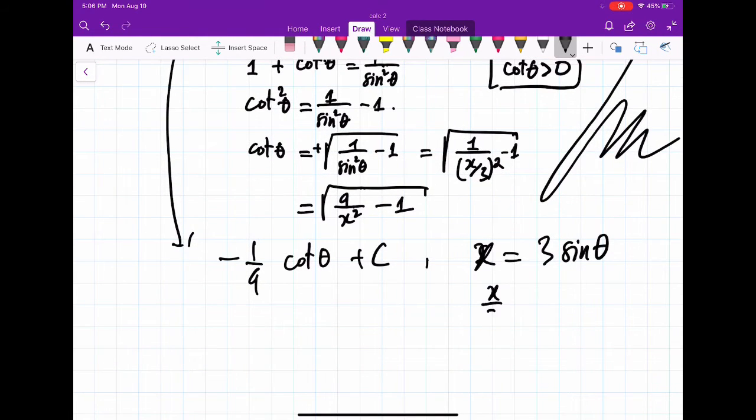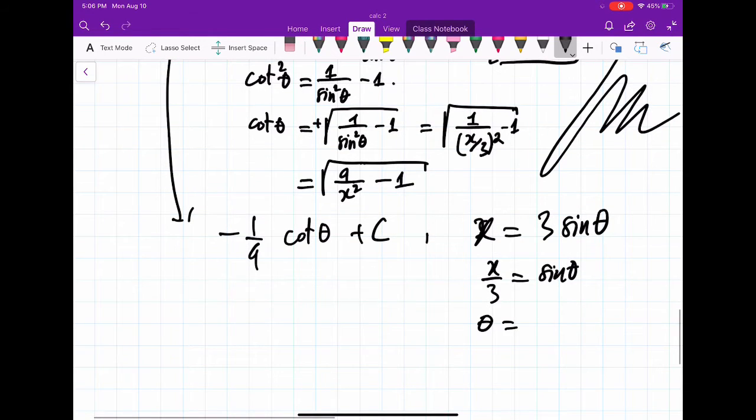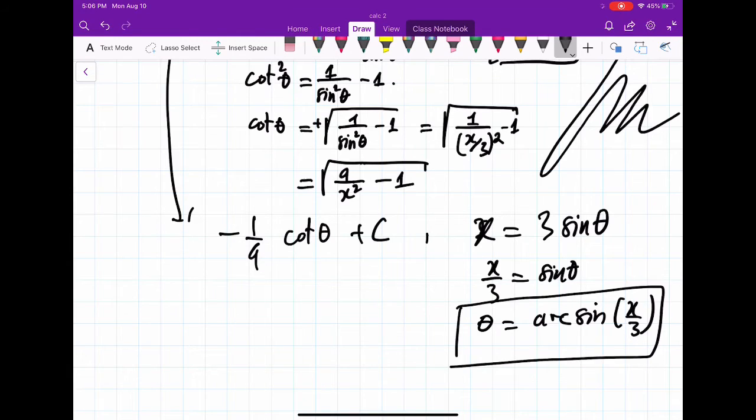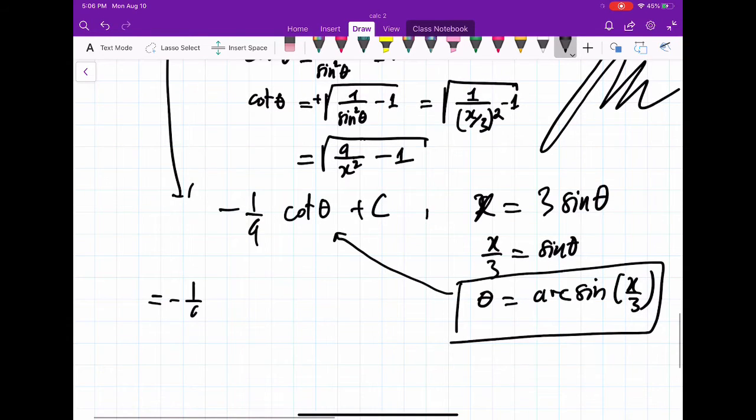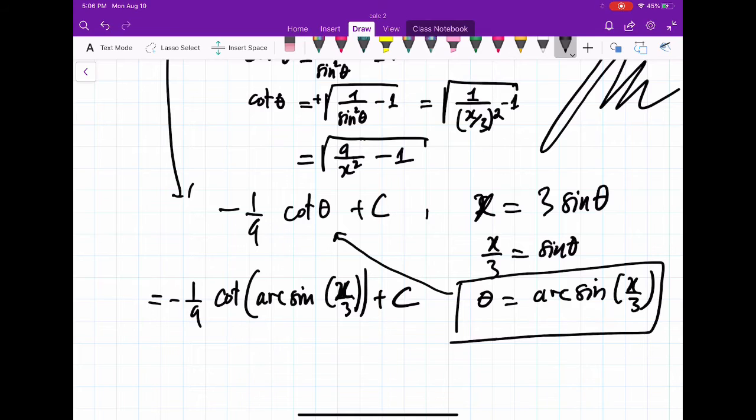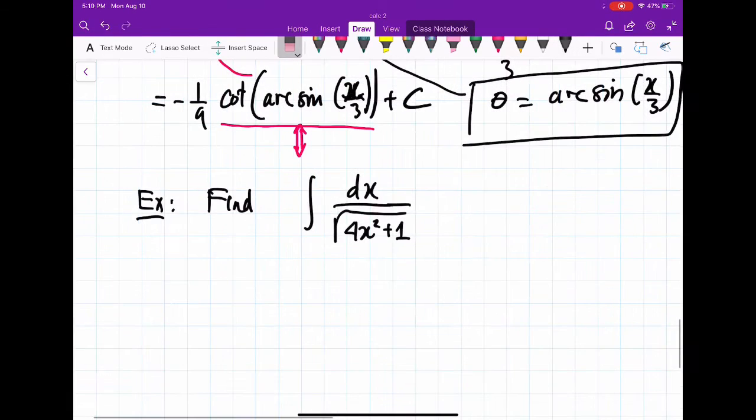From here, I get x over 3 equal to sine theta, and theta is arcsine of x over 3. And then I plug theta equal to arcsine of x over 3 into this. I get negative 1/9 cotangent of arcsine of x over 3 plus c, right? And of course, that is also an answer.